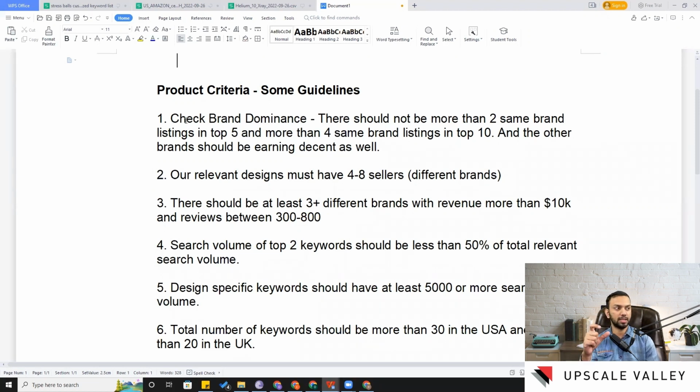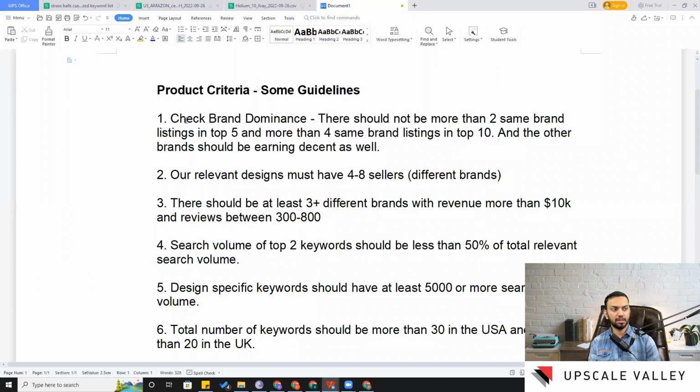It shouldn't be the case that in the top five positions only the top two, the same brand, is earning well and the remaining three brands are not. Or in the top 10 spots, the same brand appears around four times, but the remaining six brands are not earning well. That shouldn't be the case either.